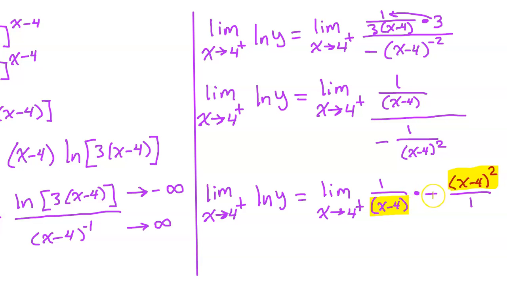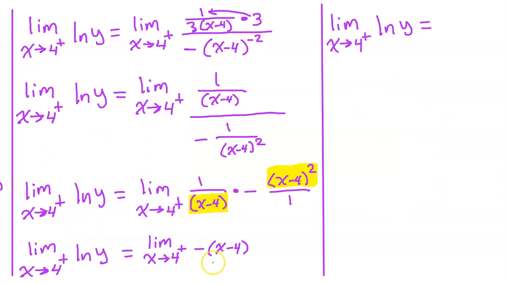Don't forget the negative sign though. So that leaves us with this. And now we can do direct substitution. Letting x become 4, we have −(4 − 4), which of course is 0, which is fine.